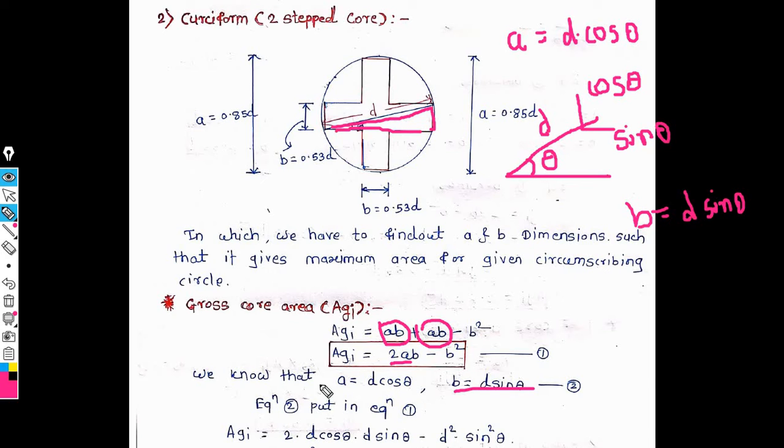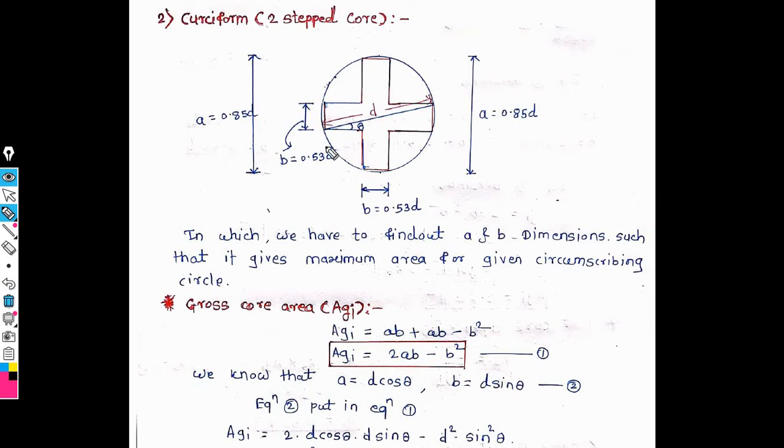Now we obtain two equations from this angle theta, cos theta and sin theta. A is equal to D cos theta and B is equal to D sin theta. Now equation 2 is put in equation 1.